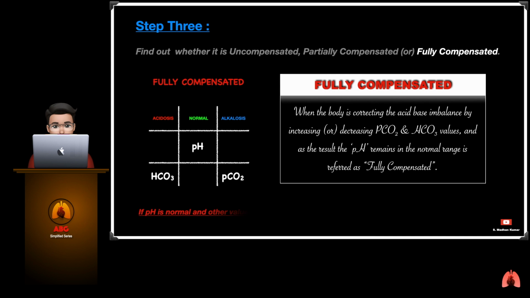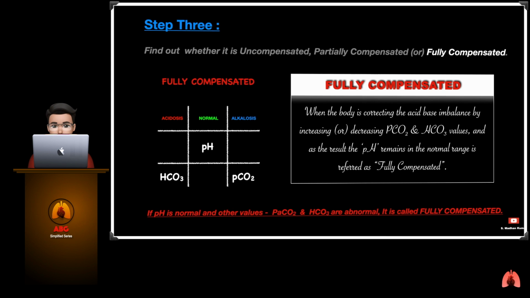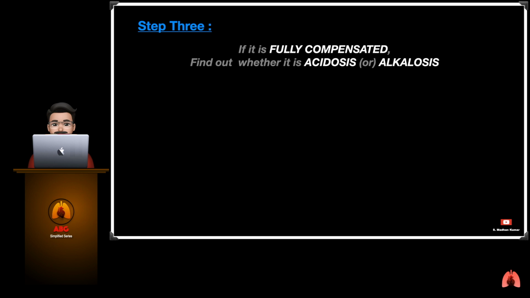That means the body is correcting the acid-base imbalance by increasing or decreasing PCO2 and HCO3 values, and as a result the pH remains in the normal range. If it is fully compensated, next we have to find out whether it is acidotic or alkalotic.